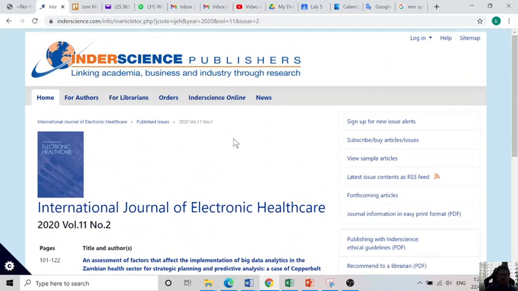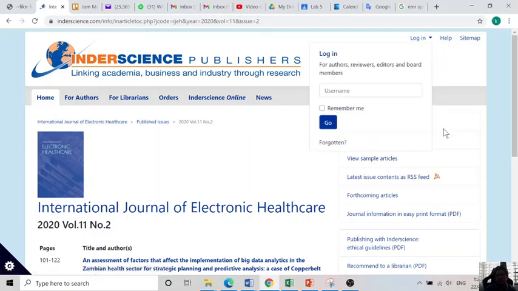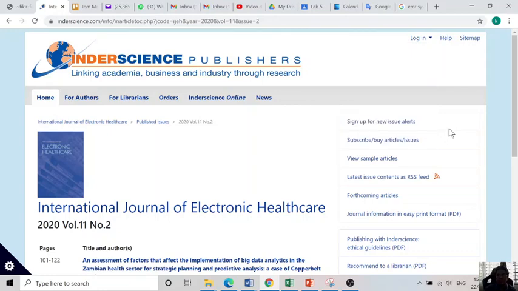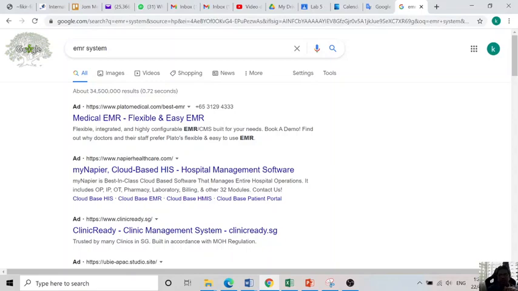So this is not a free journal, and you have to log in. They don't allow you to browse even the specific article you are looking for. Never mind. You can go to a specific journal, or you do a random search from Google.